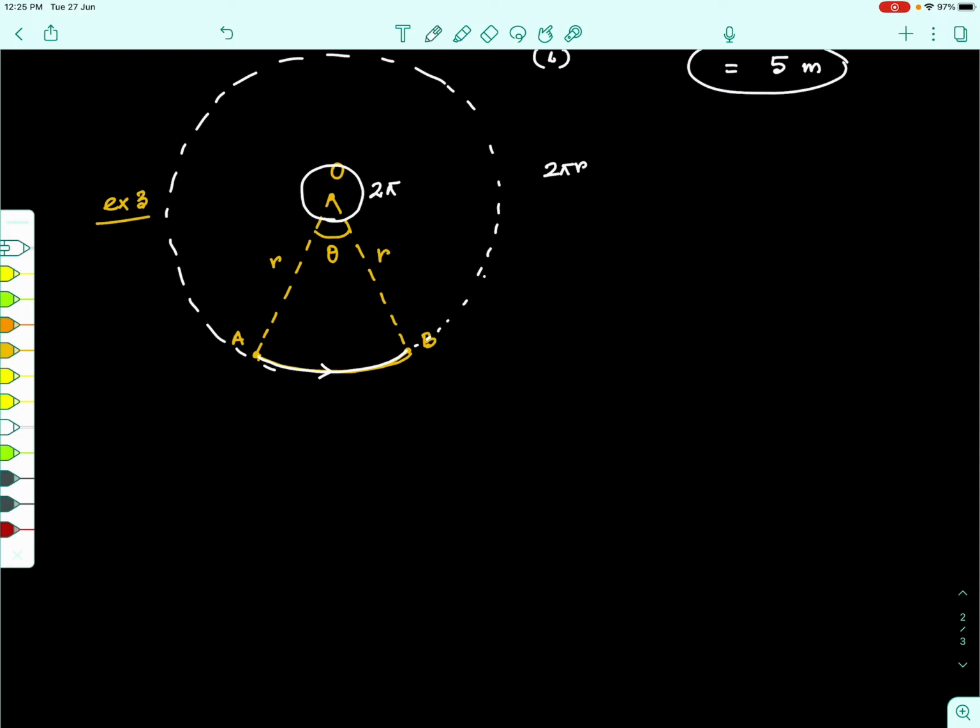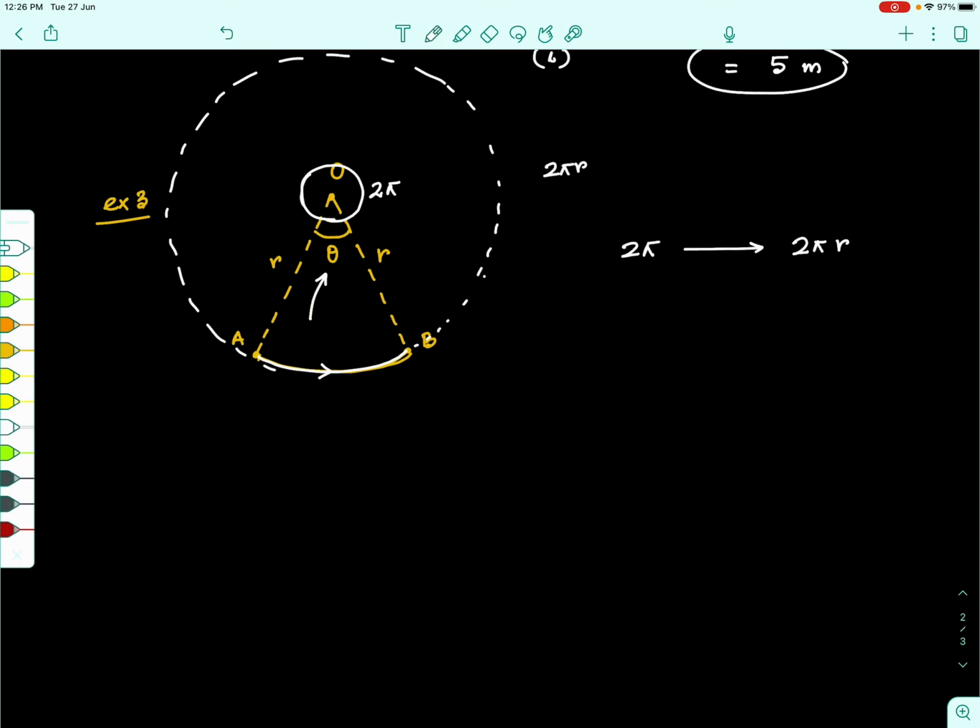So for an angle of 360 degrees subtended at the center O, which is also 2 pi radians, 2 pi radians of angle creates an arc length of 2 pi r, which is the complete circumference. We are trying to find out that arc length which subtends an angle theta instead at the center.